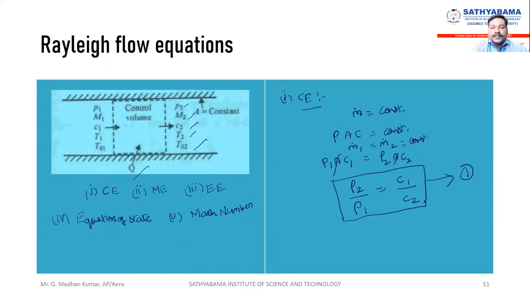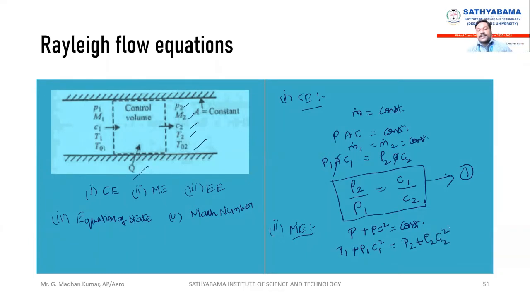Second, we use the momentum equation. In general it is P plus rho C square equal to constant. We can write this relation using the control volume approach: P1 plus rho 1 C1 square is equal to P2 plus rho 2 C2 square.